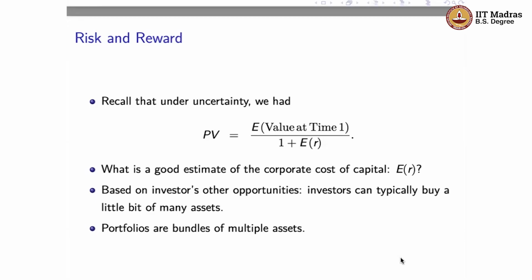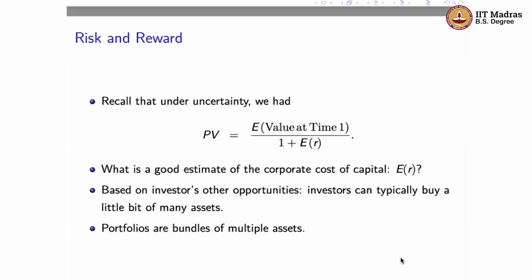And now, given that we have studied a bit of portfolio theory, we are in a good position to come back and attempt to answer this question. So one way of thinking about this cost of capital is that you want to provide enough expected return so that investors would actually want to have this asset or project in their portfolio, right?